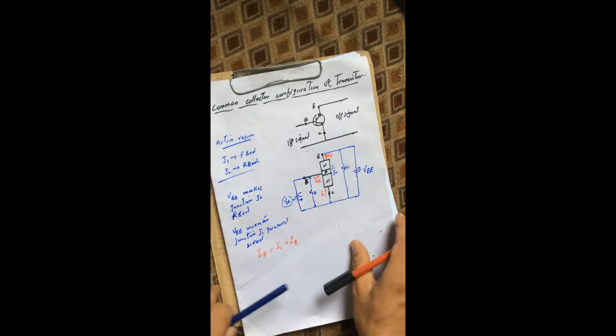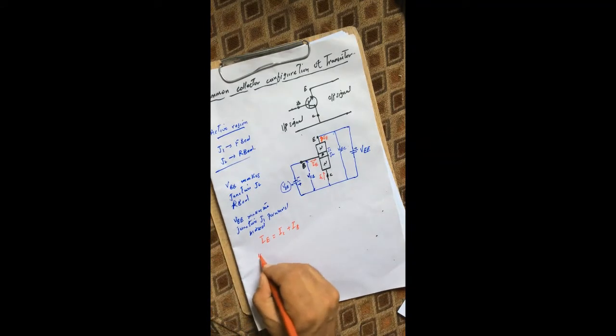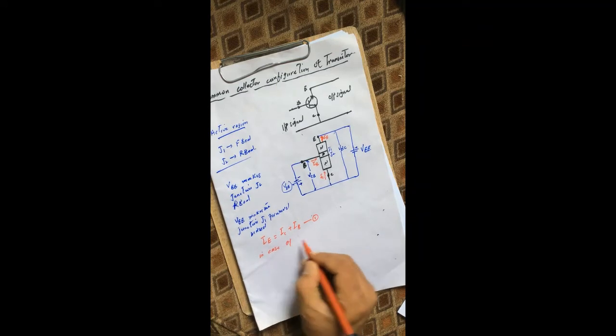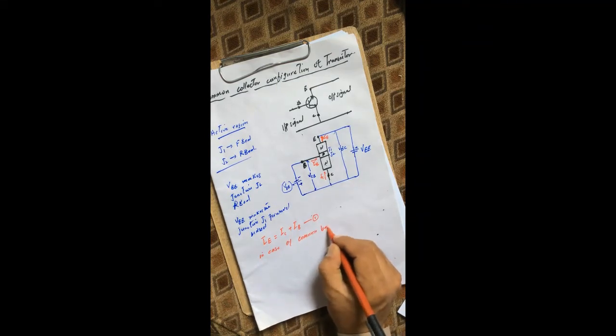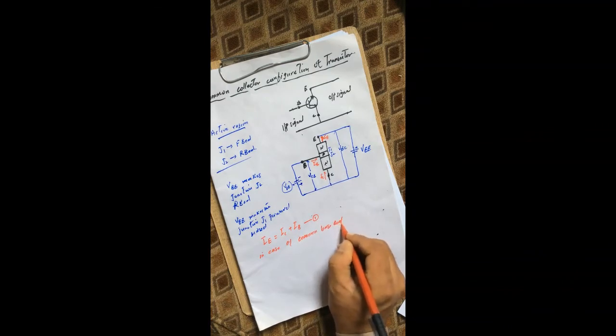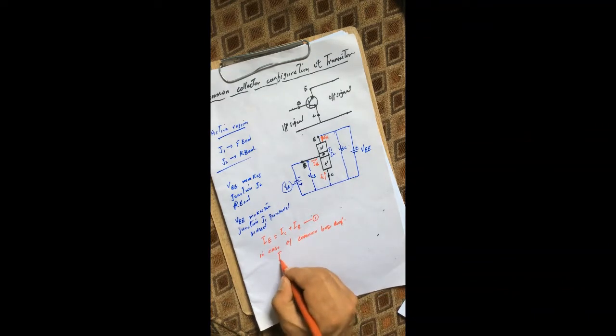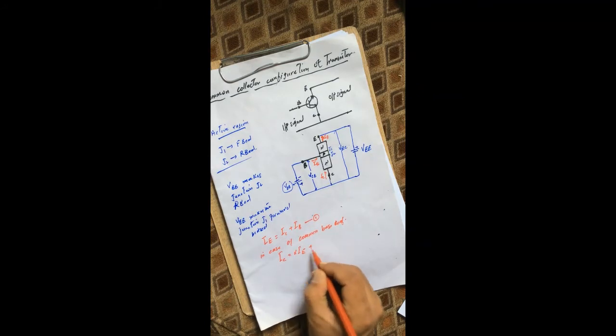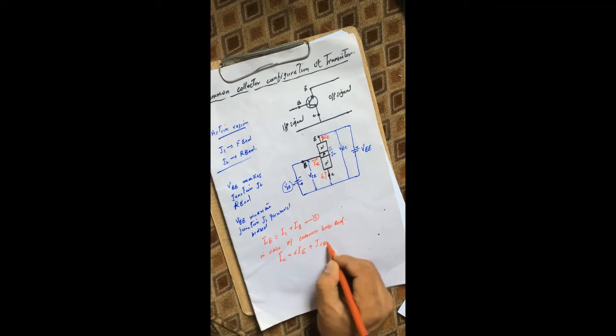Now, in case of common base configuration, we have a relation which is IC equals alpha IE plus ICBO.